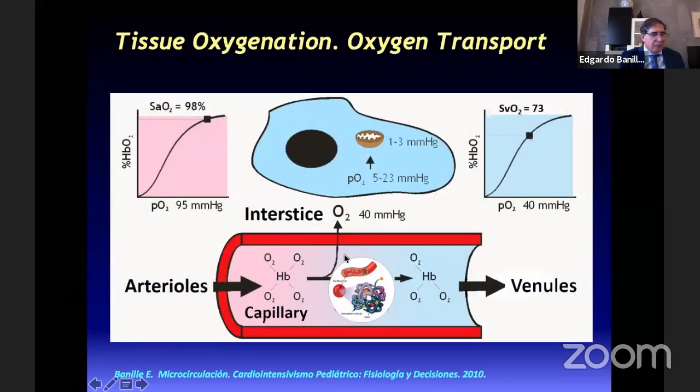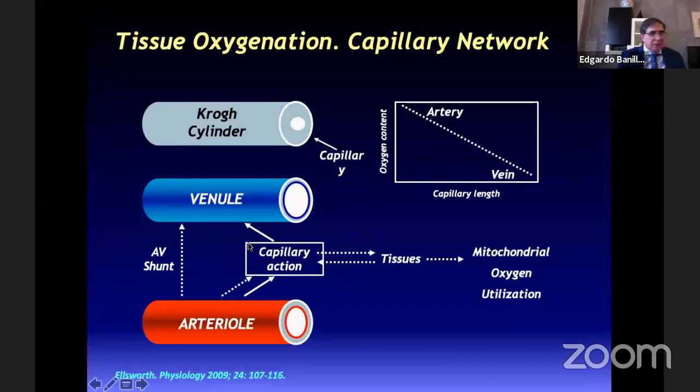We can see the transport of oxygen coupled to hemoglobin from the lung to the mitochondria. Oxygen exchange takes place in a capillary where the tissue adapts to the different needs.